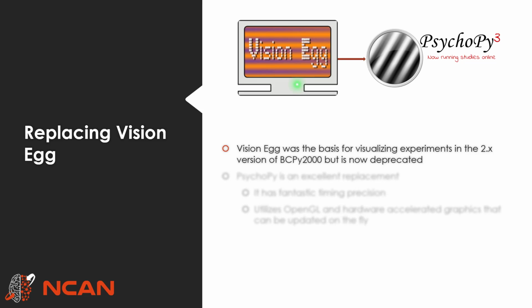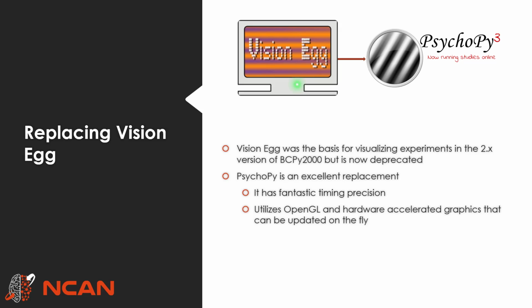The nice thing about PsychoPy is that it has a really similar ethos to what BCPy2000 is built on. It's free, cross-platform, and allows you to run a wide range of tests applicable to the behavioral sciences. It's open source, which is also in line with what we are doing at the National Center for Adaptive Neurotechnologies.